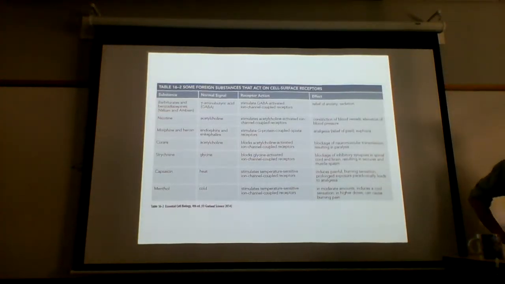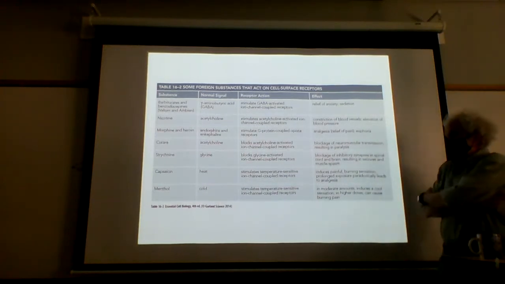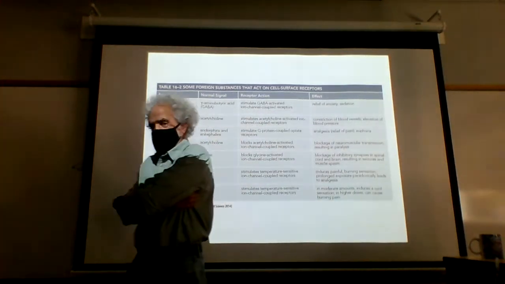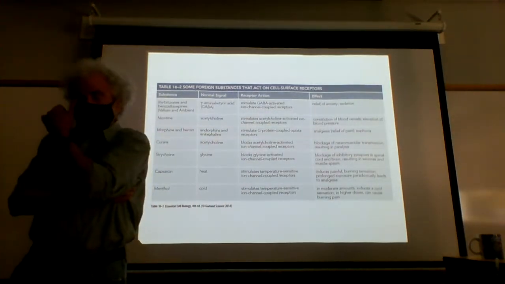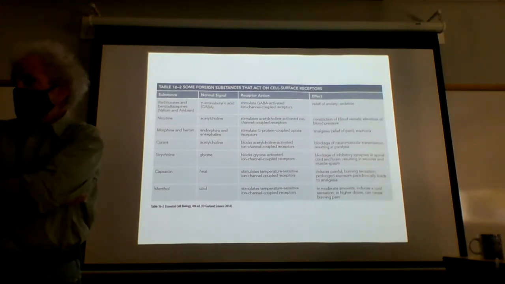Here are some foreign substances that act on cell surface receptors. This is an interesting way to think about the fact that one of the reasons G protein coupled receptors are so well studied is they are the site of action of a ton of different drugs.